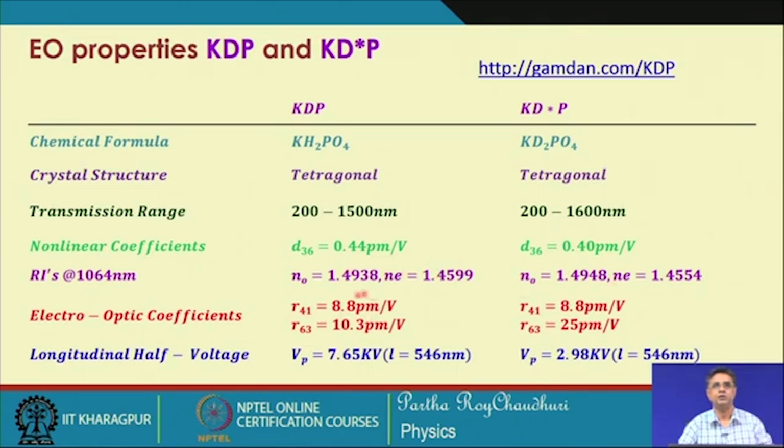Electro-optic coefficients, the one which we are talking about and which is relevant for this present discussion, is this number, we will have to use this, and then half voltage for this crystal is about 7.65 kV as per these data. It may be different if you use different wavelength and different configuration. So, this is very useful for the estimation of the electro-optic properties.